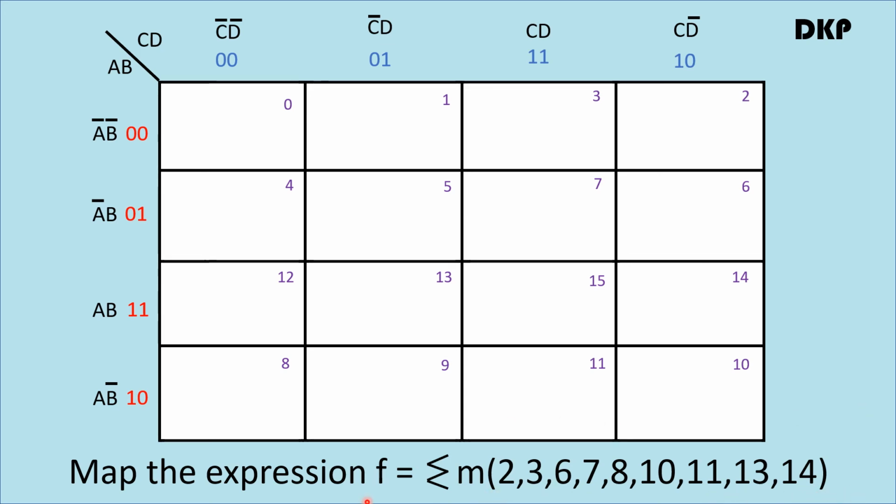You have to place 1 in the corresponding cells in the K-map. So which are the corresponding cells? 2, 3, 6, 7, 8, 10, 11, 13 and 14. You have to place 1 in the corresponding cells. So this is how you do the mappings. Now the mapping is done.